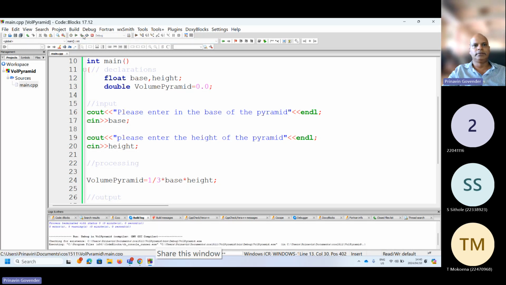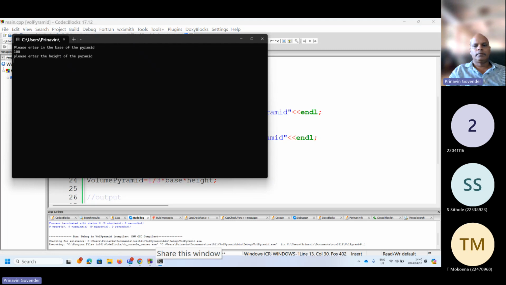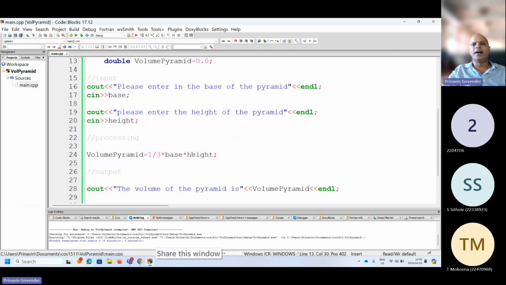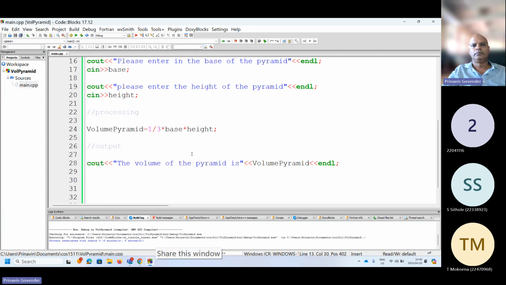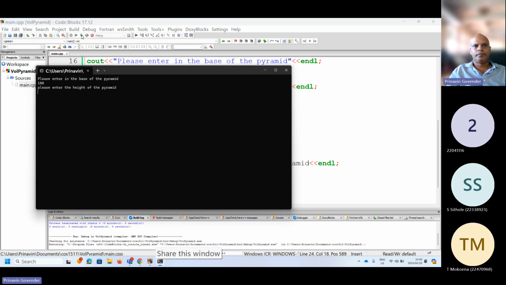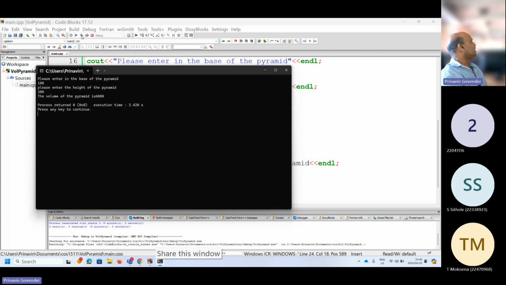Build and run. Class, help me. Yay, okay. For some odd reason, 1 divided by 3, it wasn't taking it.